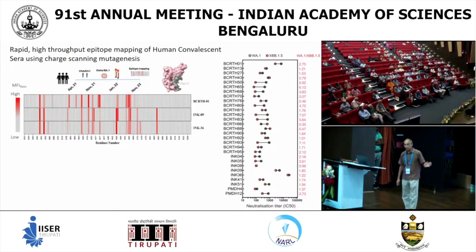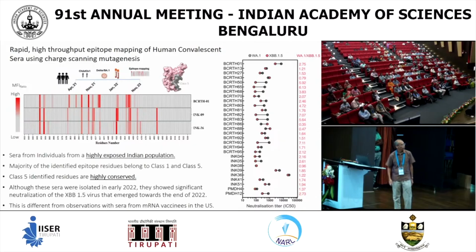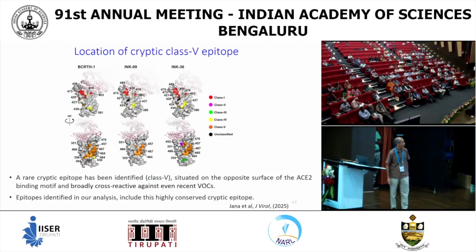And also unlike the US, where there was much less contact, here in India, especially in the lower economic strata, people don't have the luxury of staying at home. And so there was continuous exposure to the virus, and we believe that drove evolution, or increased the breadth of the antibody response so that it was targeted to more conserved regions of the protein.